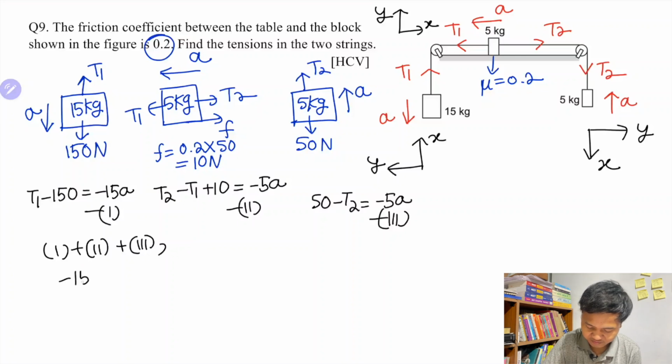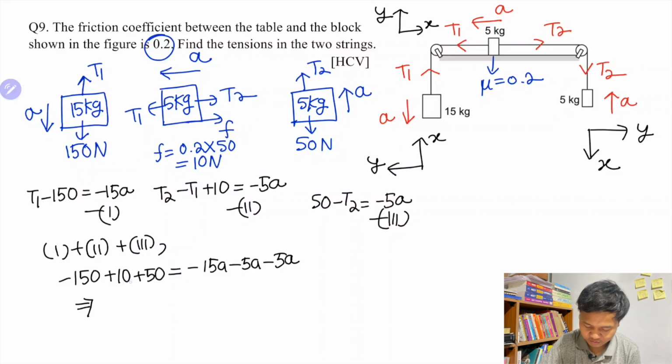So minus 150 plus 10 plus 50 should be equal to minus 15A minus 5A minus 5A. So minus 90 equals minus 25A. Minus minus cancel out.